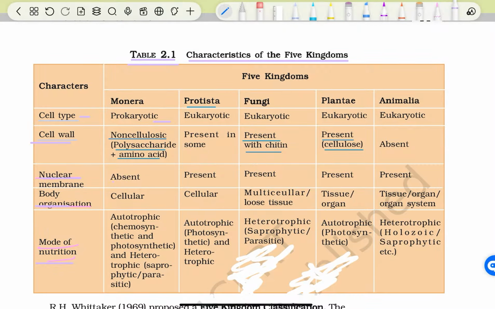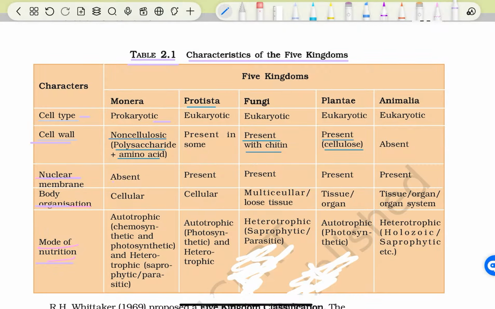In Fungi, the cell type is eukaryotic, cell wall is present with chitin, nuclear membrane is present, body organization is multicellular or loose tissue. Mode of nutrition is heterotrophic, saprophytic, or parasitic.